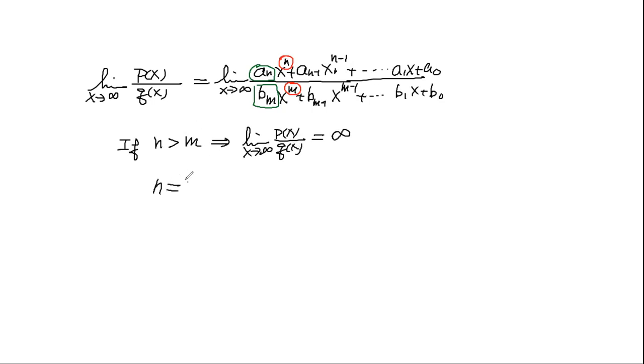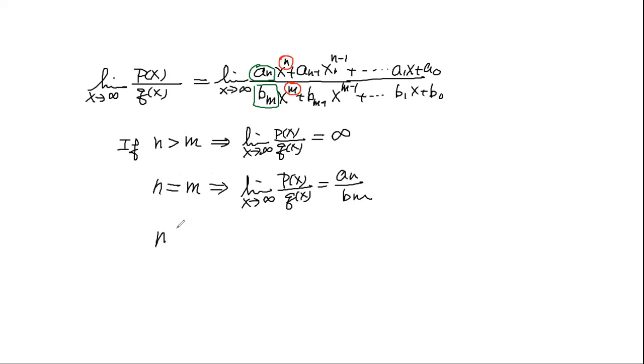If they have the same exponents, that means they are running at the same speed, then the limit as x approaches infinity of p(x) over q(x) will just be equal to the constants in front of them, correct?